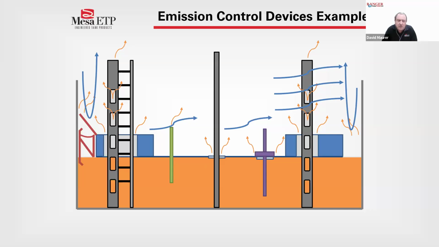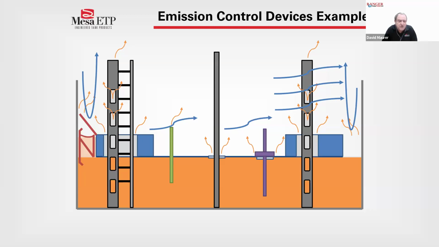So if we're looking on the far left over here, where Adam just put in the primary shoe seal, you'll see that what we're doing here is covering up the area where the vapors are. So what we've got is a metallic shoe pressed up against the shell of the tank from the floating roof.